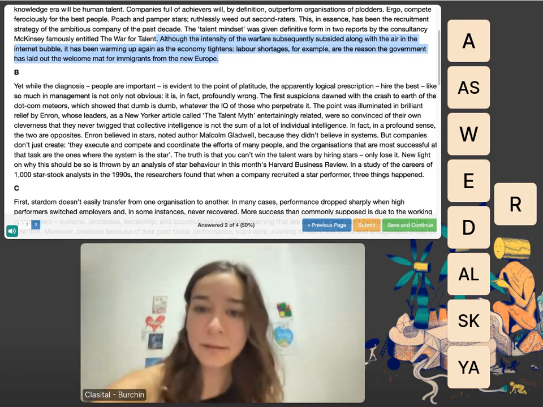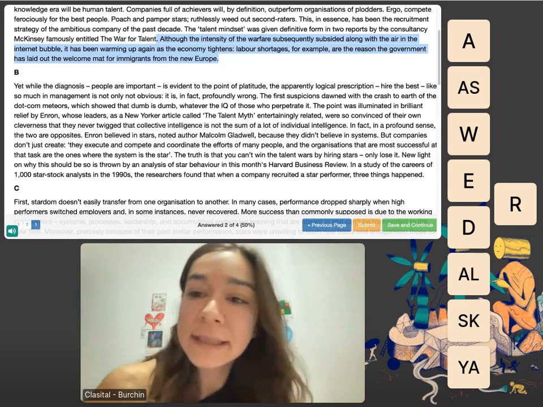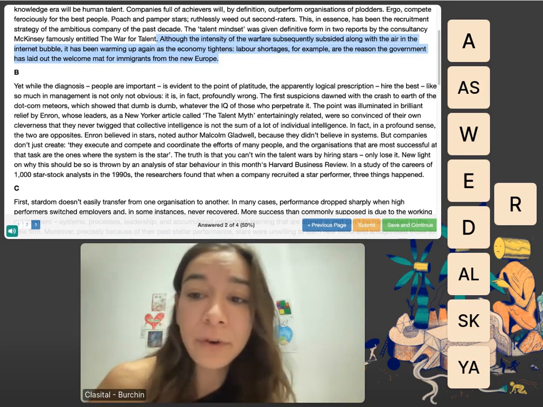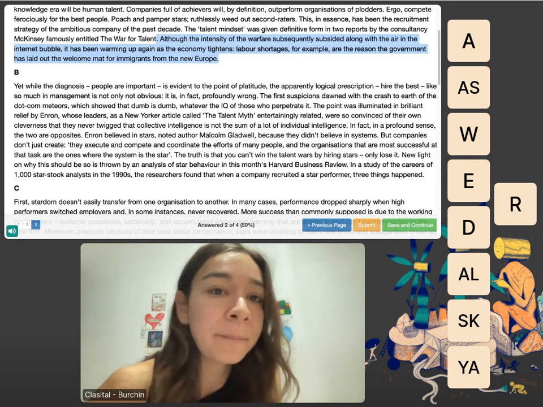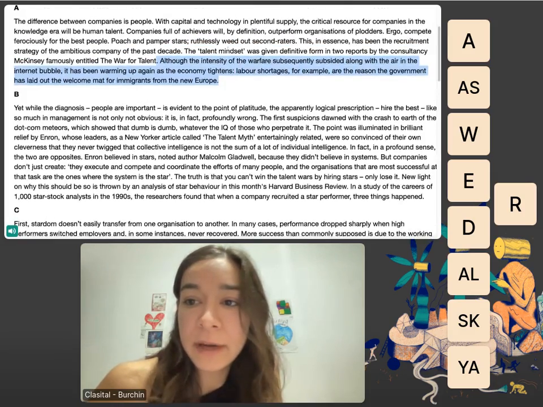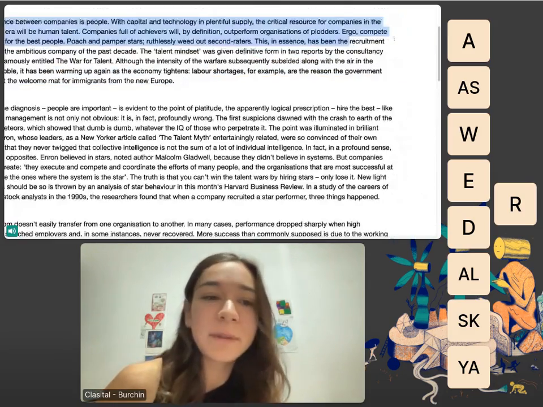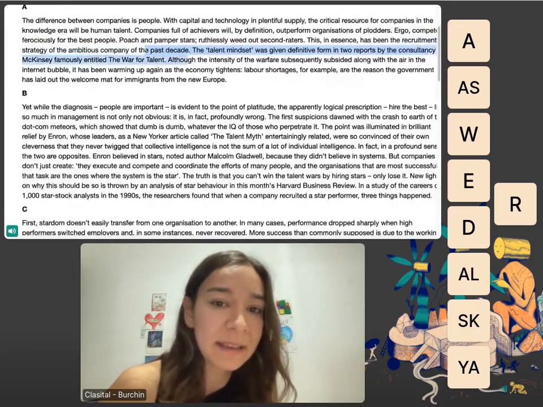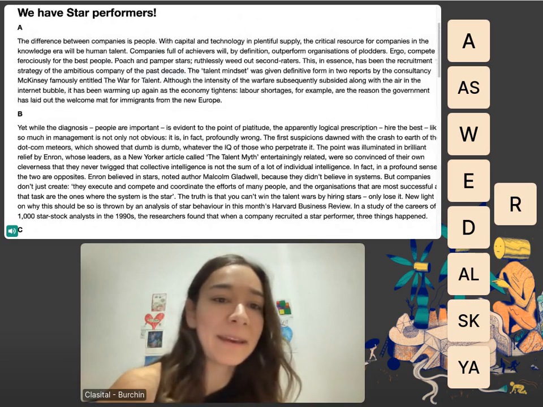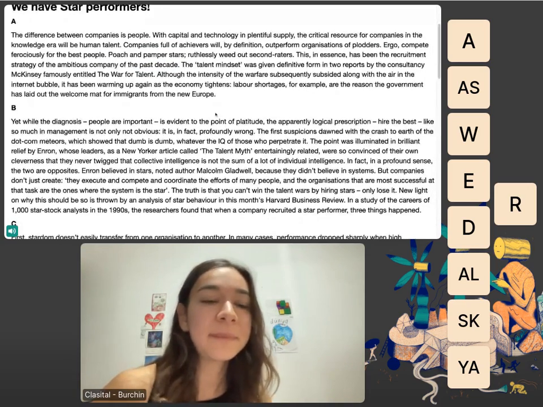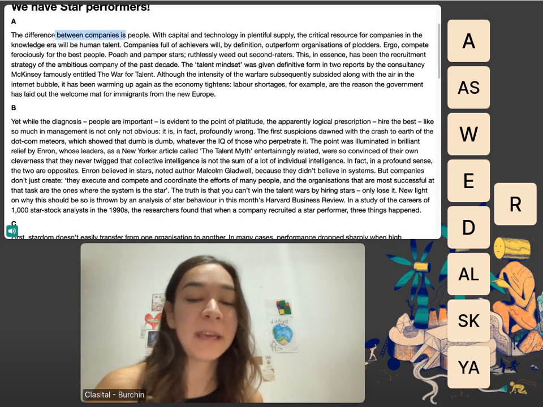Okay, let me see. My question says economic condition becomes one of the factors which decide whether or not a country will prefer to hire foreign employees. In here, it says recruitment strategy of the ambitious company of the past decade. Let me see. The differences between companies is people.